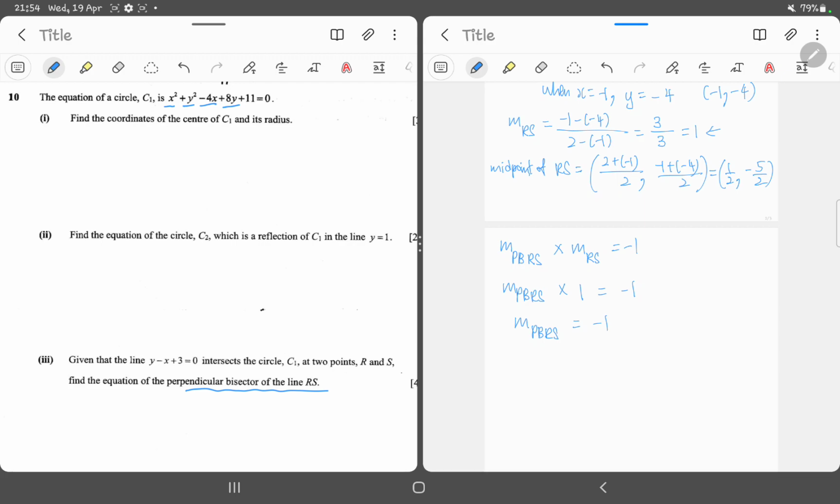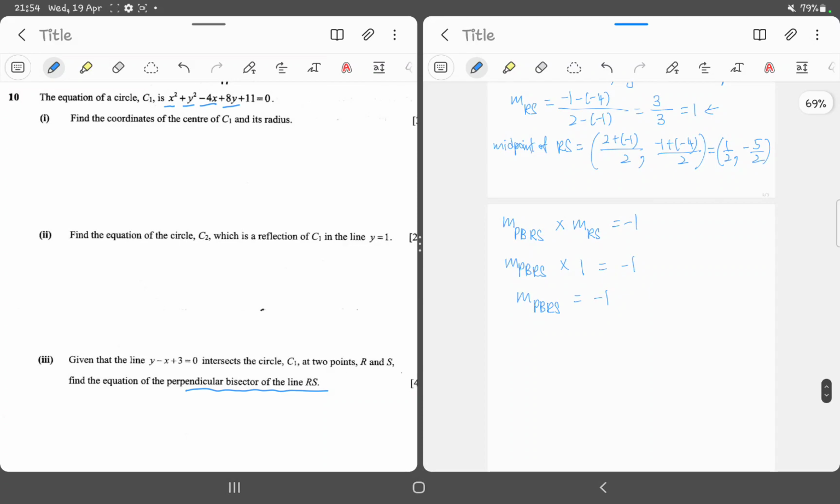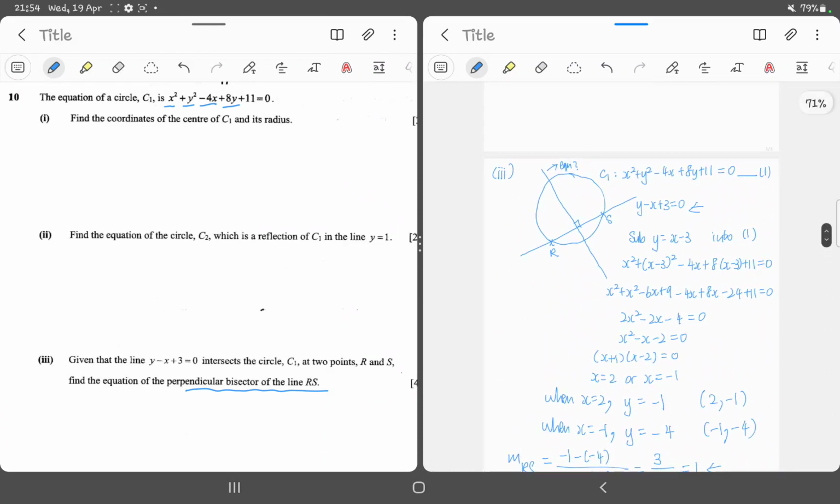Right? So using this gradient over here, we know that the gradient here is equals to minus 1, and we know that the perpendicular bisector cuts through the line RS exactly at the midpoint of RS, which we have found it to be 1 over 2, minus 5 over 2.